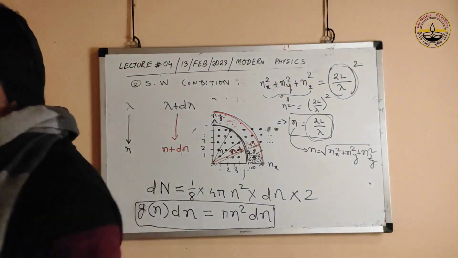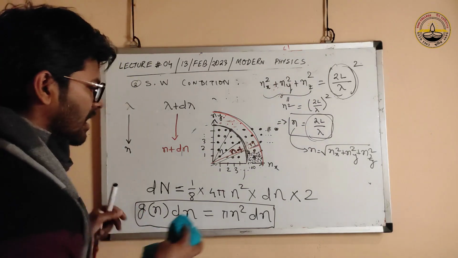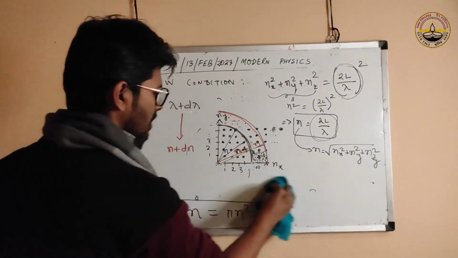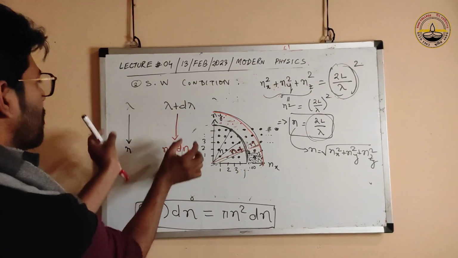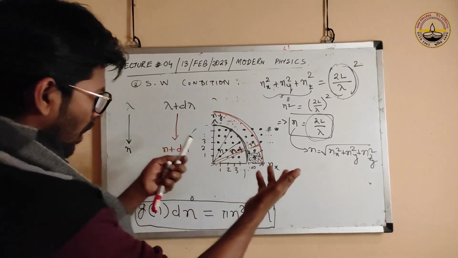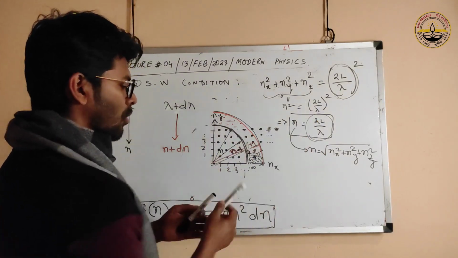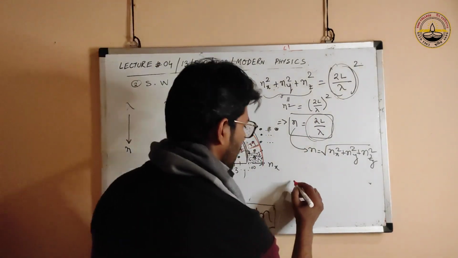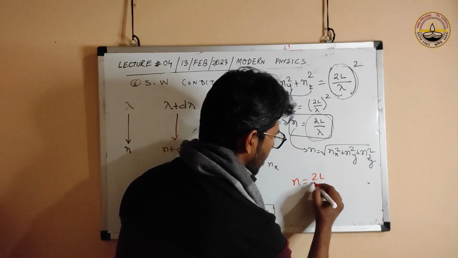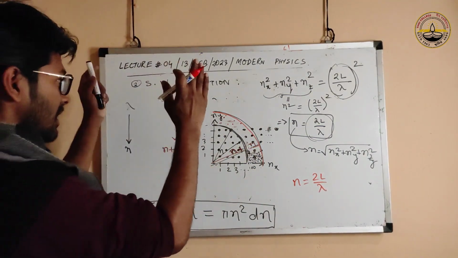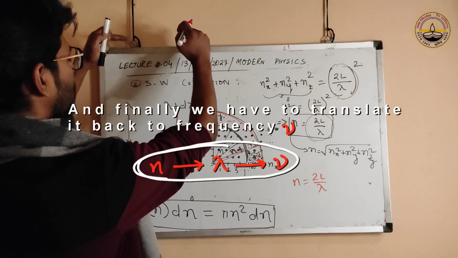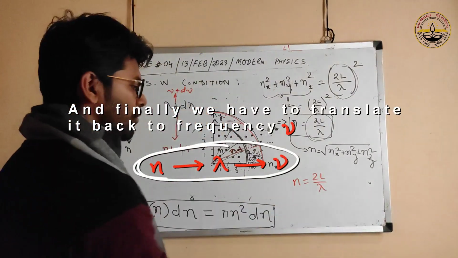This is, of course, in terms of n. Now we have to translate this from n back to lambda. And we know how, because n equal to 2L over lambda. And finally we have to translate it back to frequency. We can do that already.